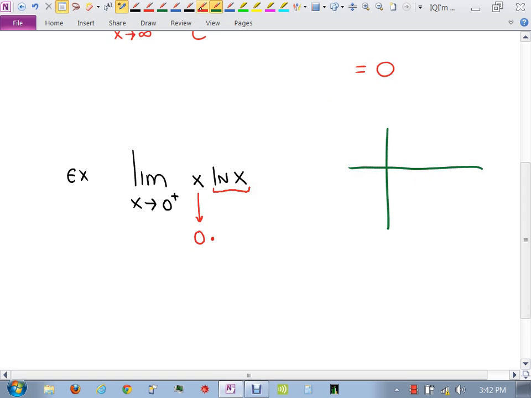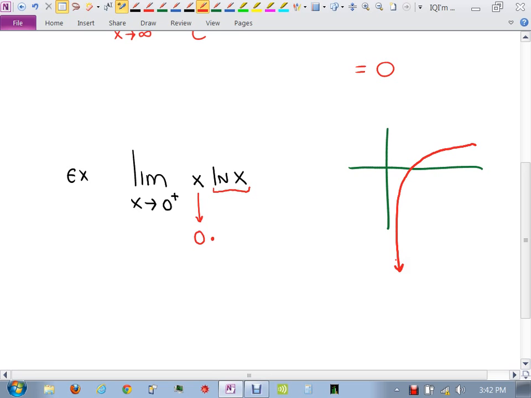What does natural log do as I head to 0? It goes to negative infinity, right? That's the natural log function on the right in the red. As I head towards 0 from the right side, where does it go?